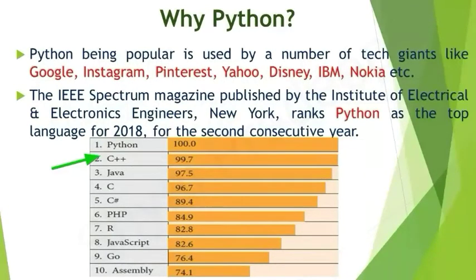C++ got second place, Java third, C fourth, C# fifth, PHP sixth, then R, then in 8th place JavaScript, next Go, and in 10th place assembly language. So Python is the top level language.